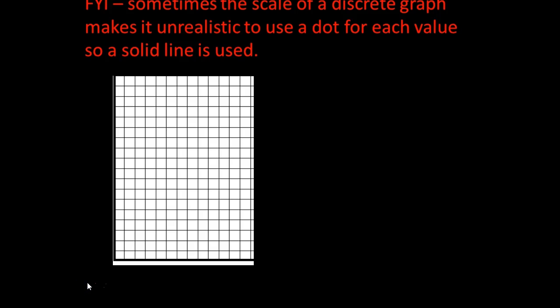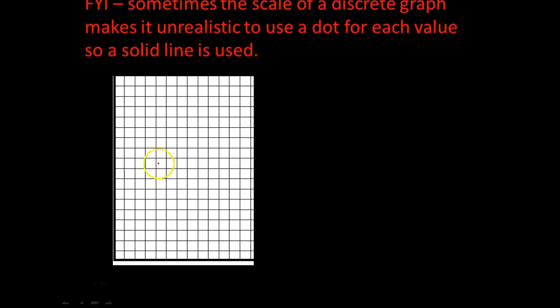Okay, so now that you got the definition down, let's take a look at a discrete graph a little closer. A discrete graph would be represented by points. So there are dots and the line is not connected. Where your continuous graph is a straight line, your dots are connected.